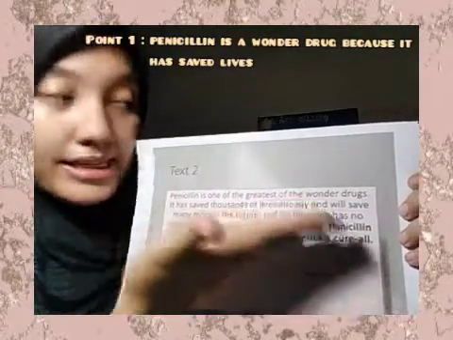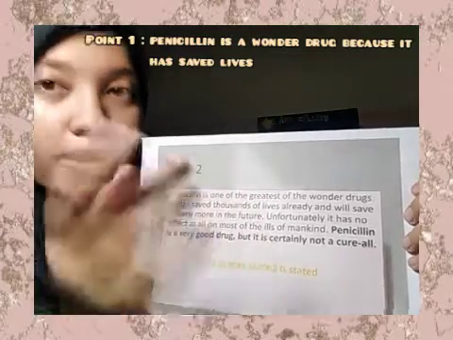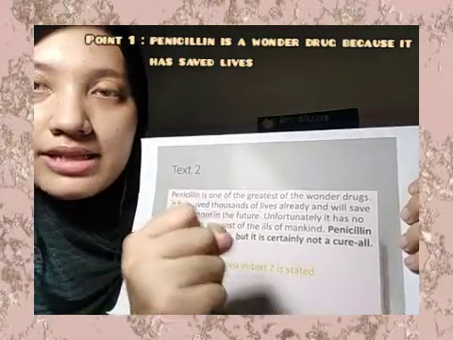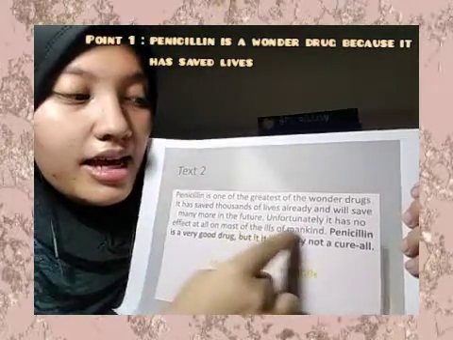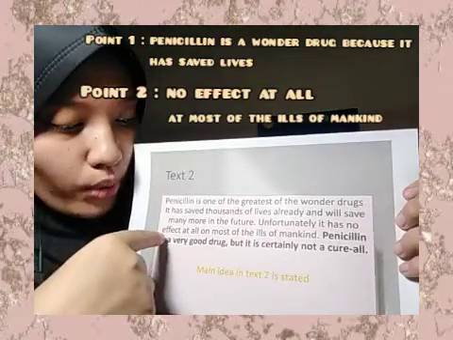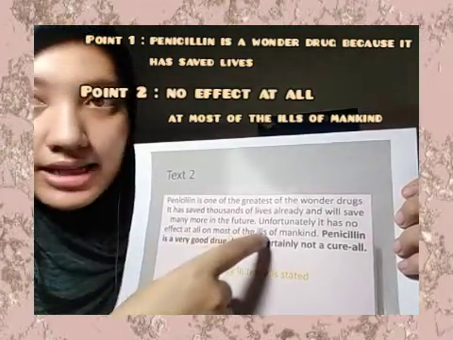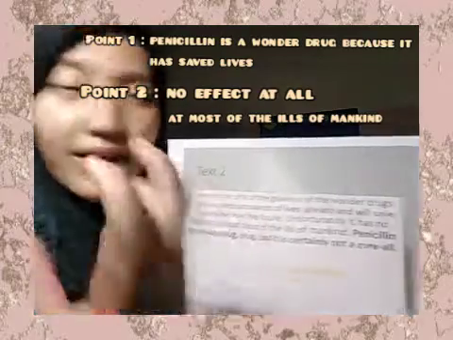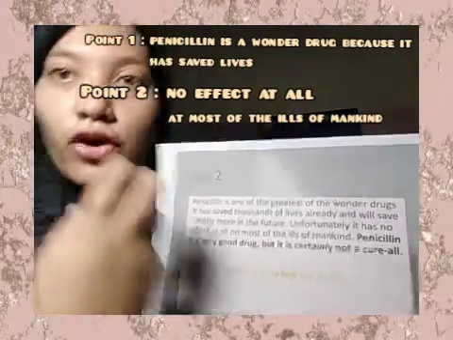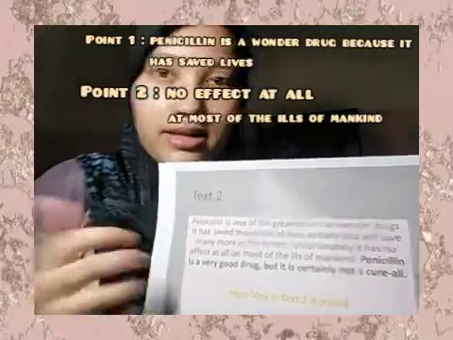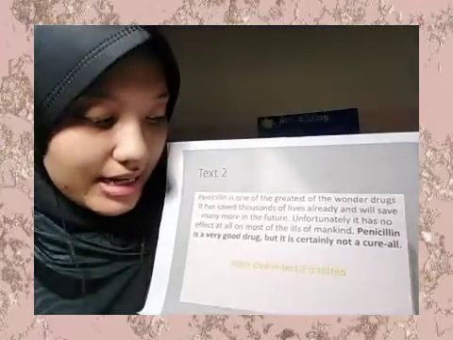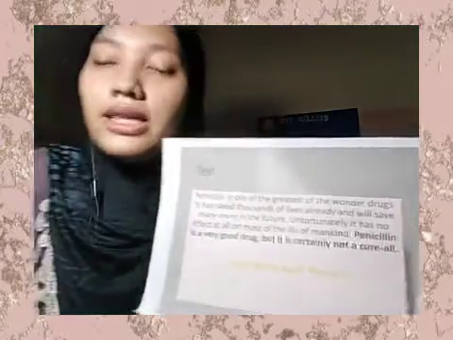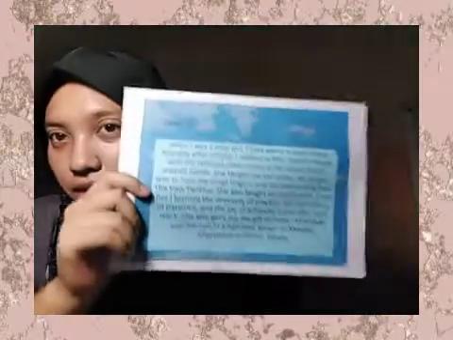That's why penicillin is a wonder drug. It's a good drug. But in the third sentence, there is a contrast with the first and second sentences: Unfortunately, it has no effect at all on most of the ills of mankind. It means that penicillin is not a cure for all diseases, all the ills. So I think that's why the main idea is that penicillin is a very good drug, but it is certainly not a cure-all.